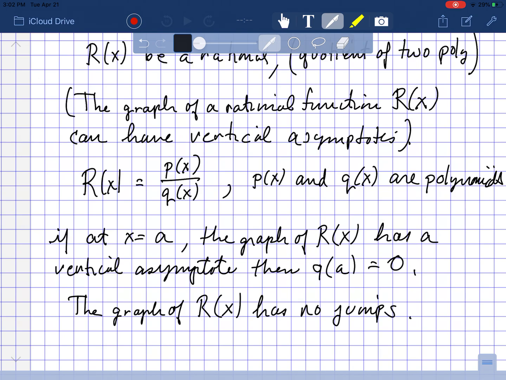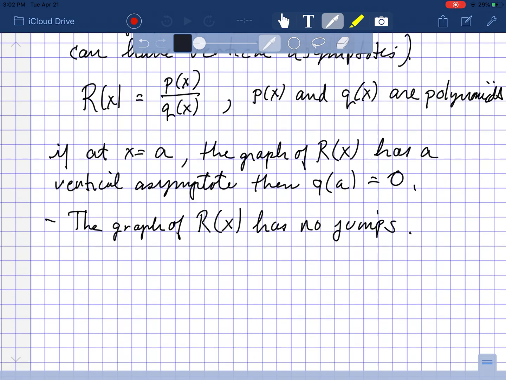It can have vertical asymptotes. Again, those vertical asymptotes occur at points where the polynomial in the denominator is equal to 0, or where the rational function is not defined. And otherwise, the graph of the rational function has no jumps.